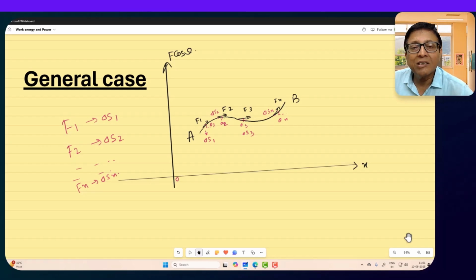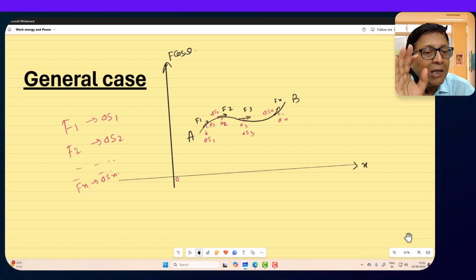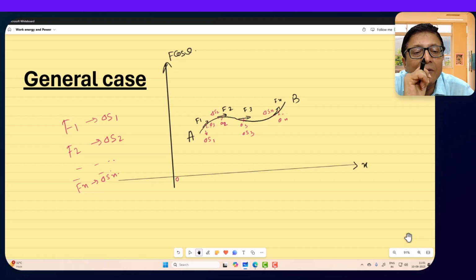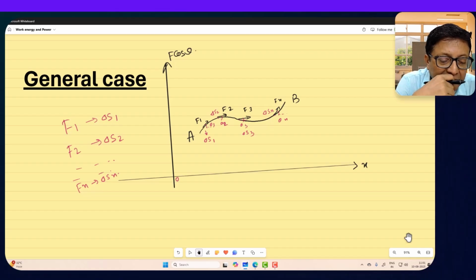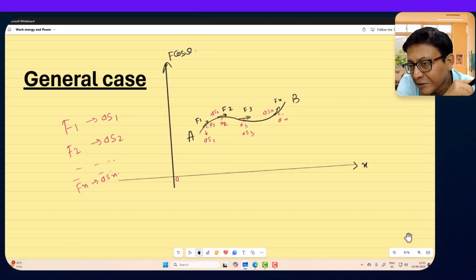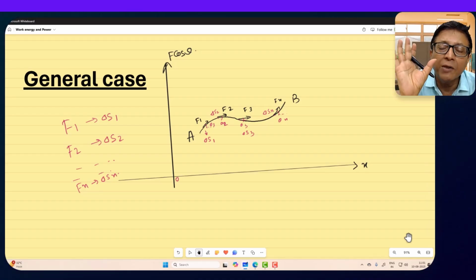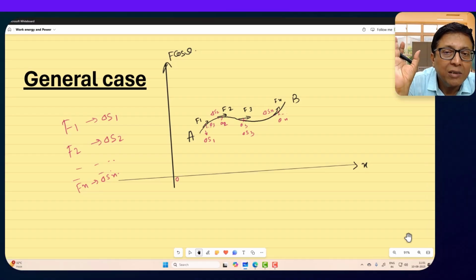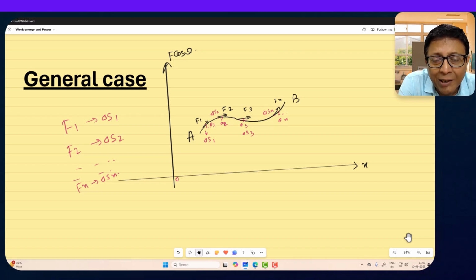We remember the concept that work done will be force into displacement. So what do we need? We need the component along x-axis. If we express everything in terms of x coordinate, then only graphically I can show you.